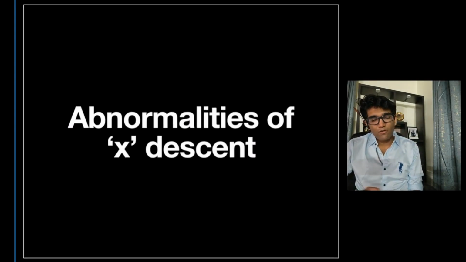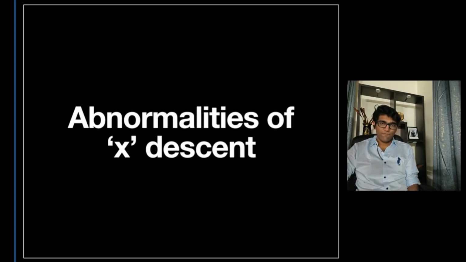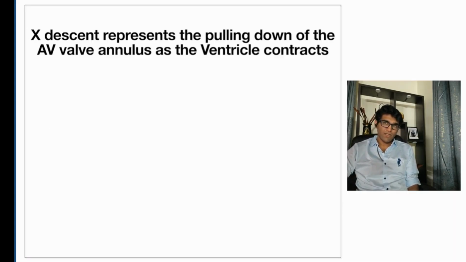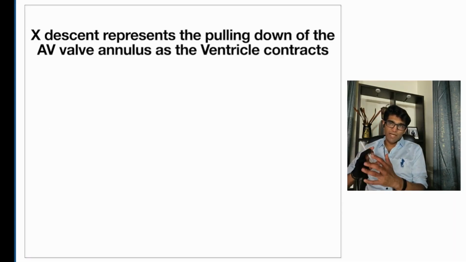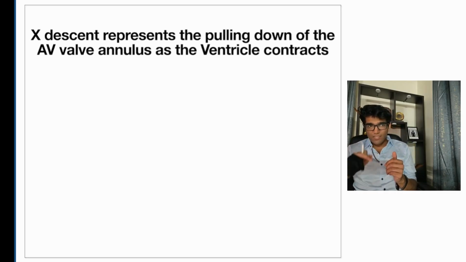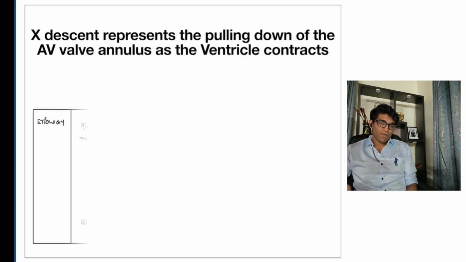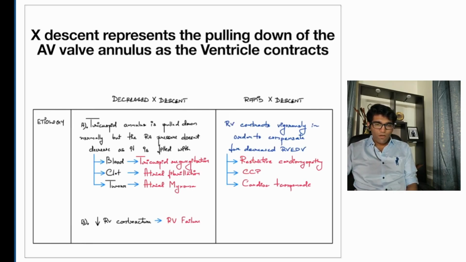Now, lastly, we have some abnormalities of X descent. X descent, as we've seen, initially represents atrial dilatation, and then after the C wave, it represents ventricular contraction pulling down the tricuspid annulus towards the apex of the heart.